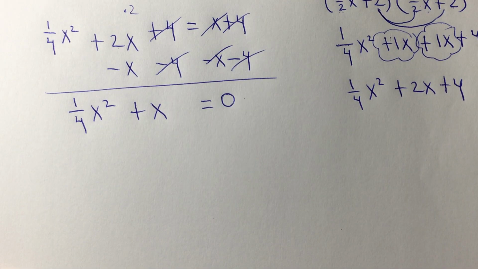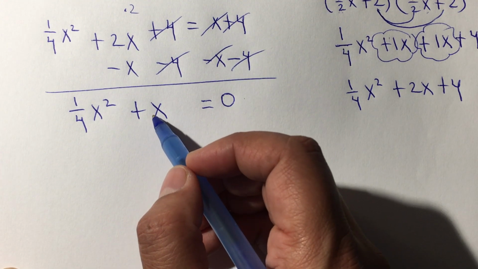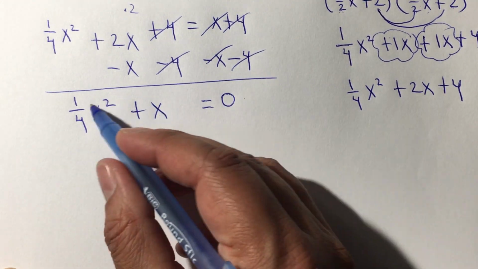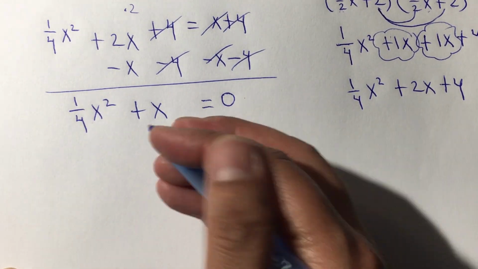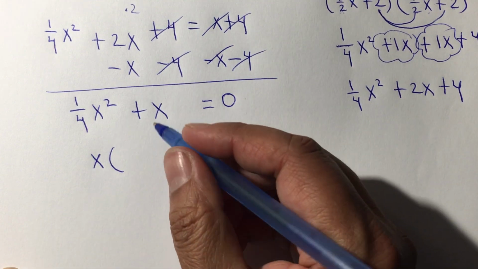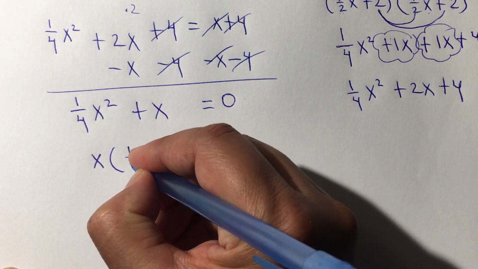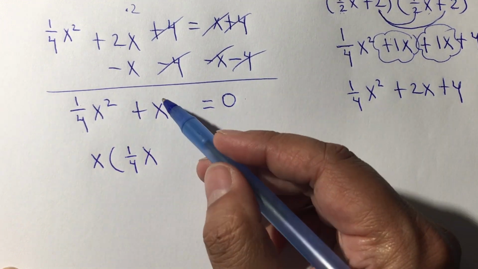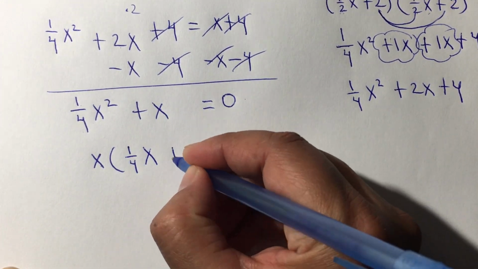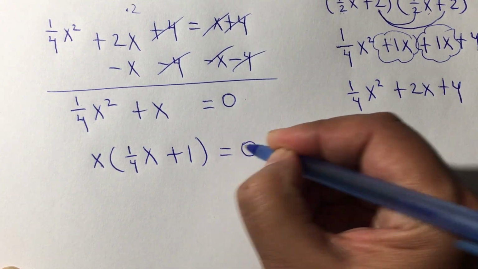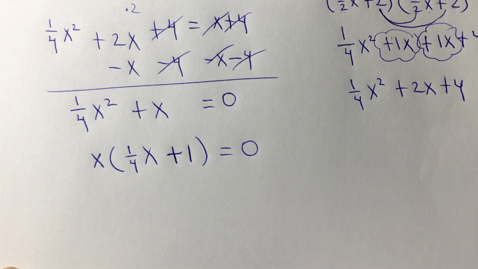And at this point, you can decide whether you want to use factoring or you want to use the quadratic equation. I think it's easier if you just factor out the x. Both terms have x, so that will be your factor. 1/4 x squared divided by x is 1/4 x. X divided by x is 1. And we bring down the 0.